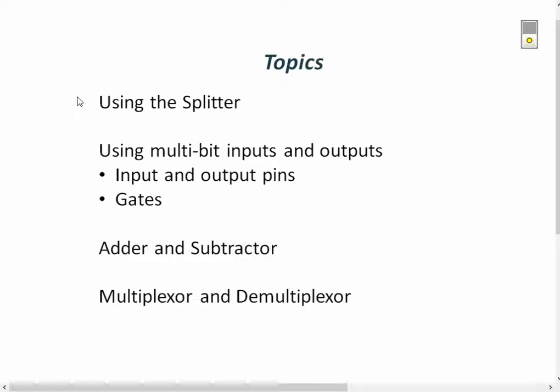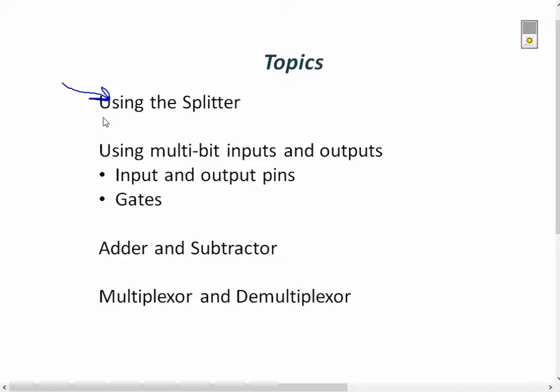There's something in Logisim that we refer to as the splitter. One of the things you can do in Logisim is define a series of multi-bit inputs. So instead of having to draw a line for every bit, I can define some of my devices and gates as having 4 bits or 8 bits, 32, whatever the case might be, of input.